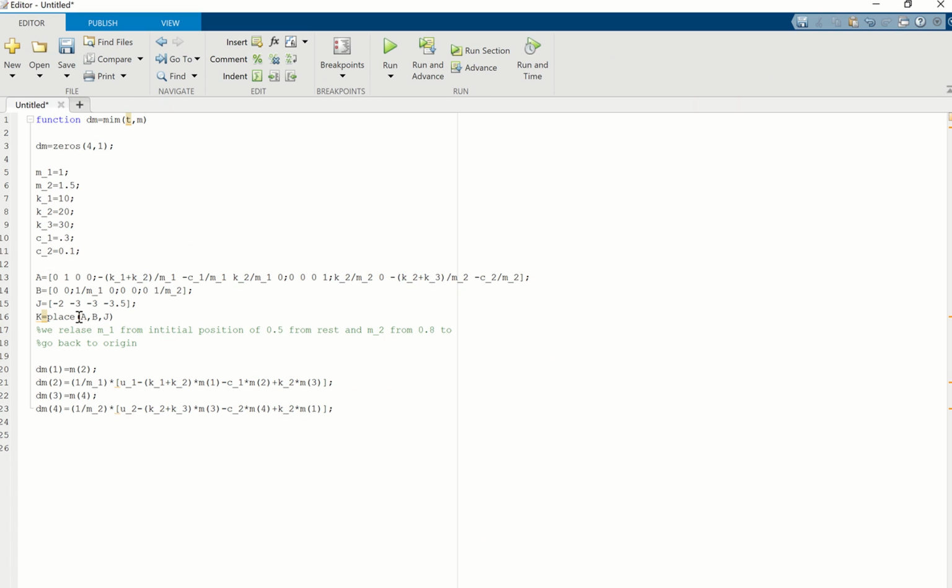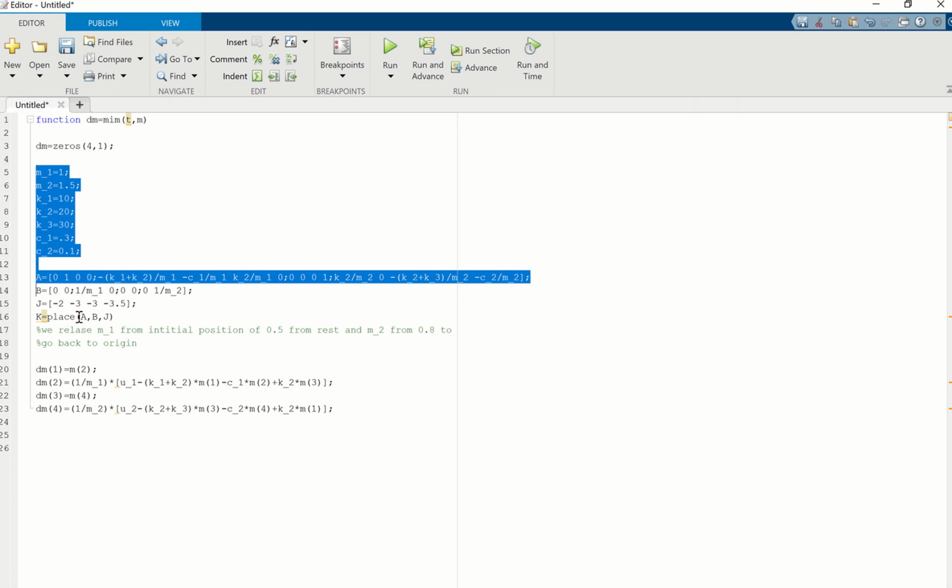When you have a MIMO system, guys, you have to replace the acker command with the place command. Acker works only for the SISO system, but place works for the MIMO system, say a 7 degree of freedom robot.